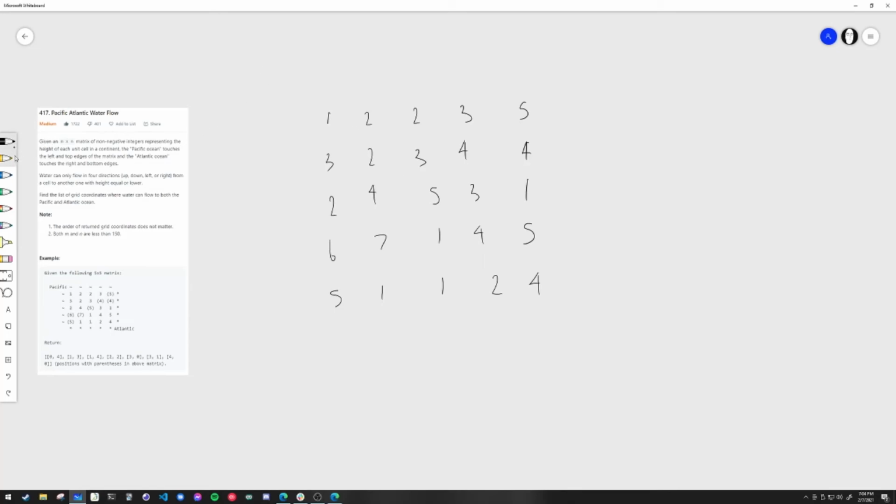So over here, it's important to remember this edge and this edge is the Pacific, and then over here, this one is the Atlantic, right?